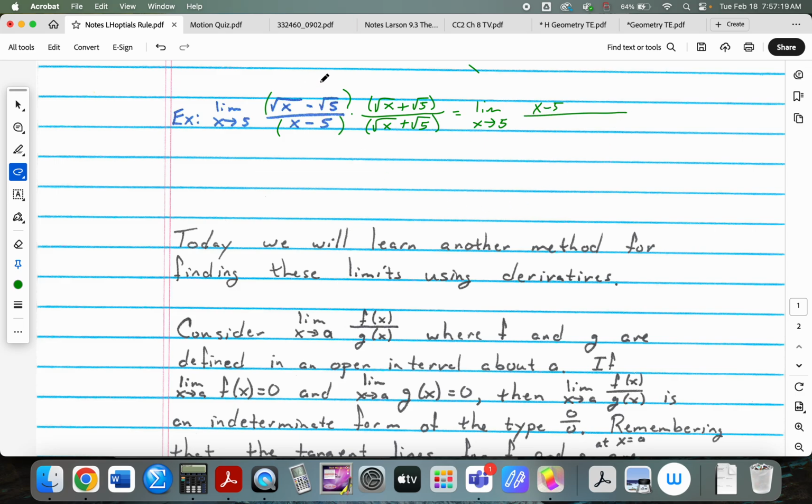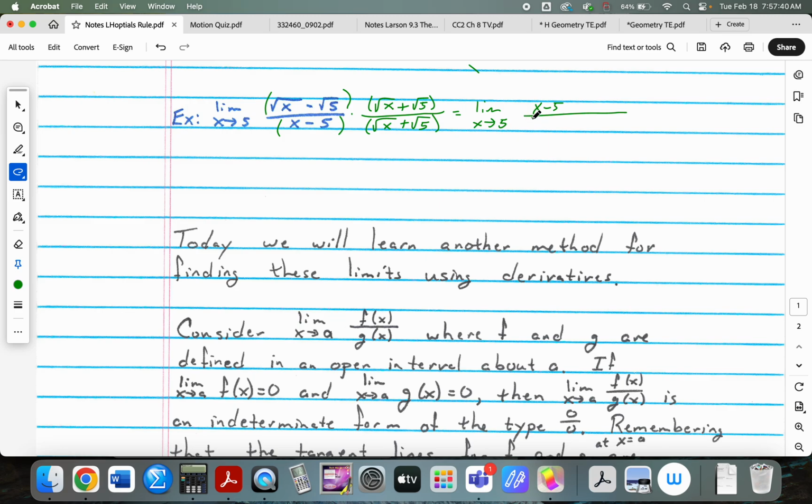The reason why is you'd have the square root of x times the square root of x is x, negative square root of 5 times positive square root of 5 is negative 5, and then your middle terms, you would have a negative square root of 5 times the square root of x and a positive square root of 5 times the square root of x. Those would drop out.